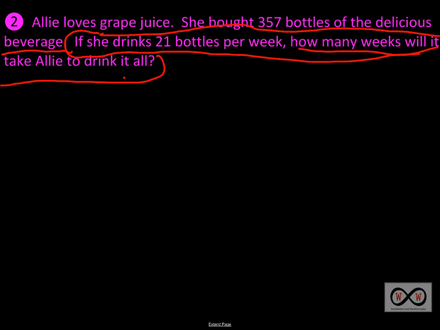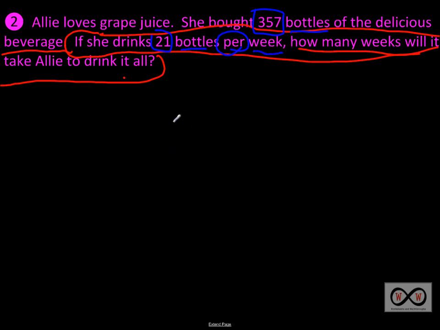We've got some important clues listed before that, now that we know what our math job is. She loves grape juice. Story information, she bought 357 bottles of the delicious beverage. If she drinks 21 bottles per, meaning each or every week, how many weeks will it take Allie to drink it all?